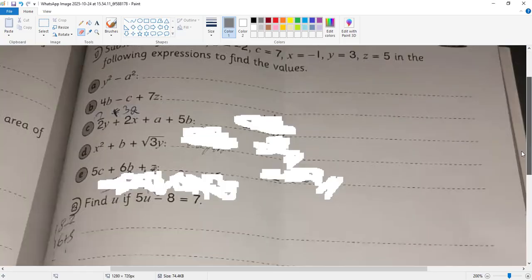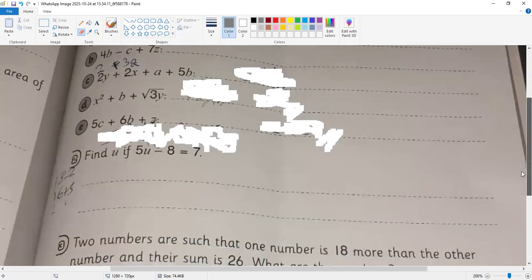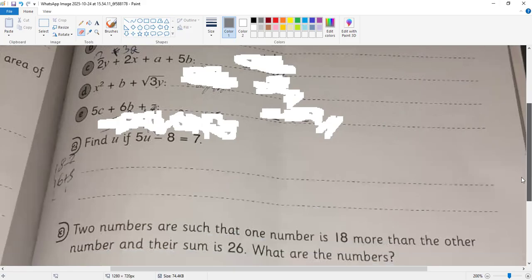We have: find U if 5U minus 8 is 7. So what it means is that I'm going to be solving for the value of U. Now it's an equation: 5U minus 8 equals 7. Collect like terms. Minus 8 and 7 are like terms, they are constants.